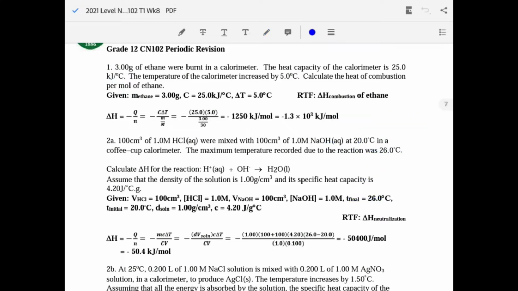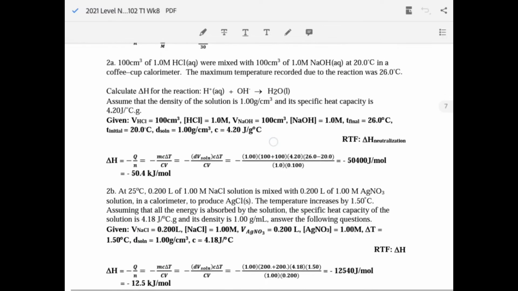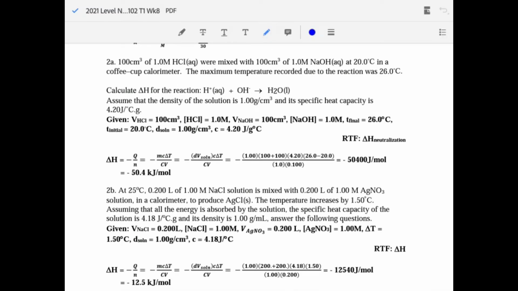So it ends up being 1250 kilojoules. Now it's exothermic, so there's a negative, and then you account for significant figures, and then you end up with this answer.